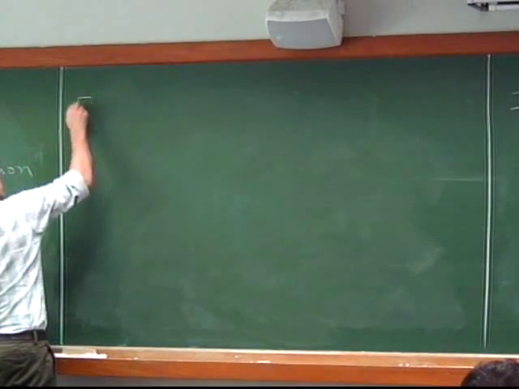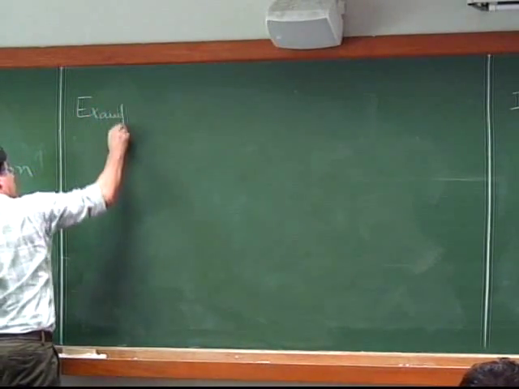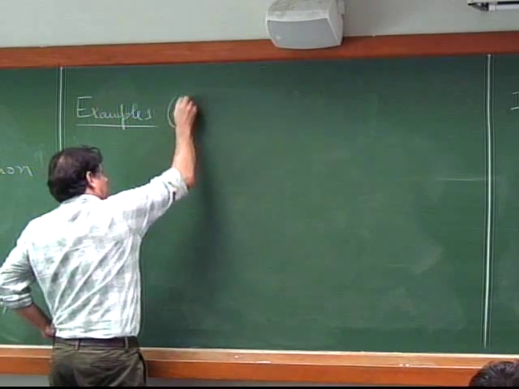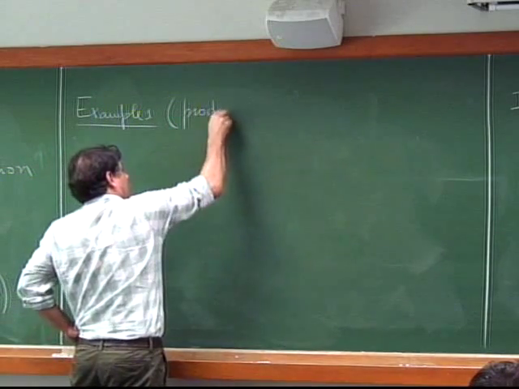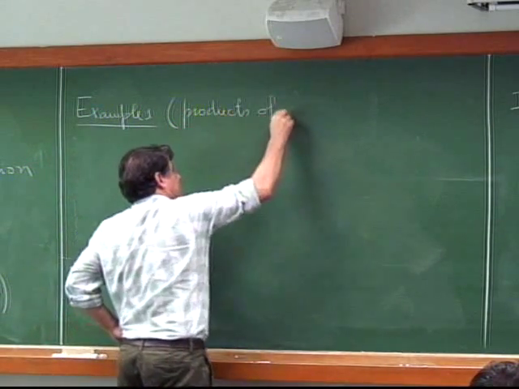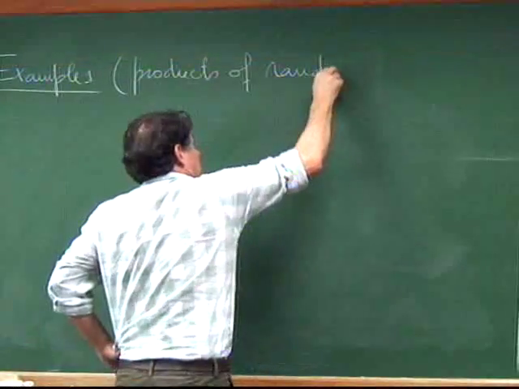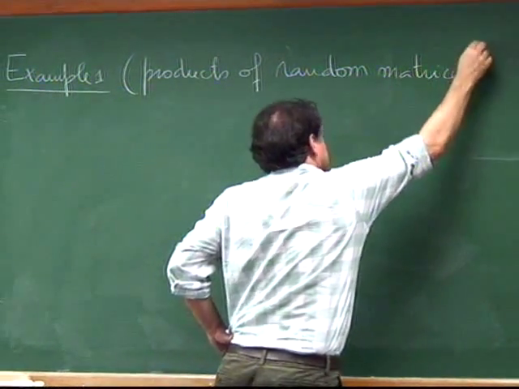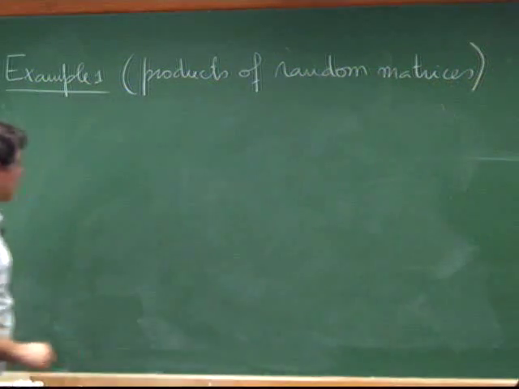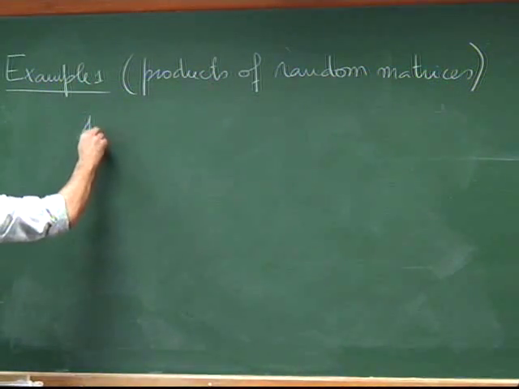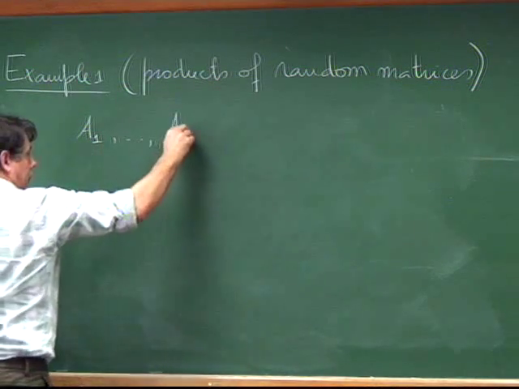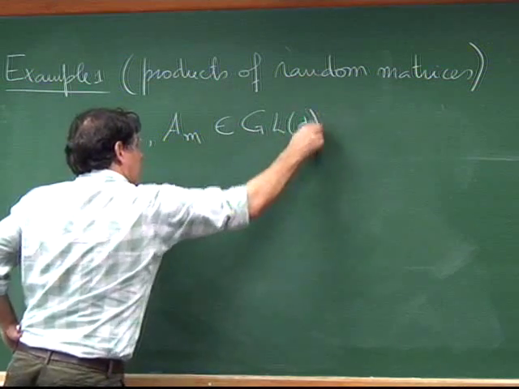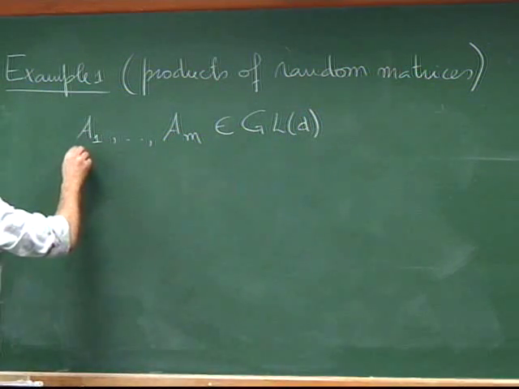So the first example is products of random matrices. Remember, I started with some certain number of matrices and certain probabilities.